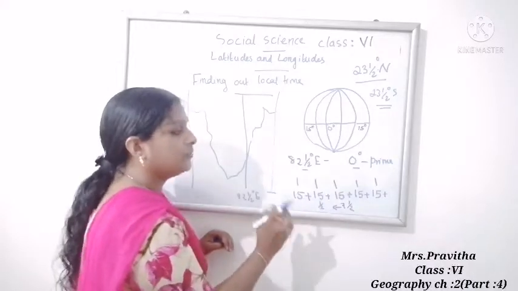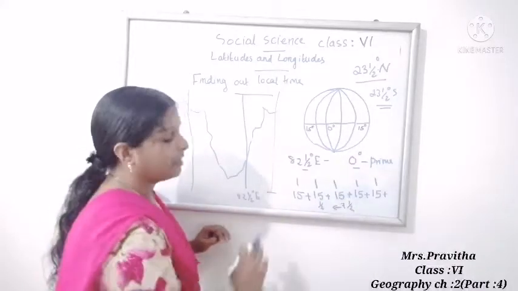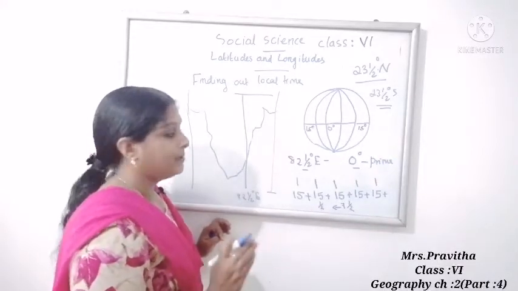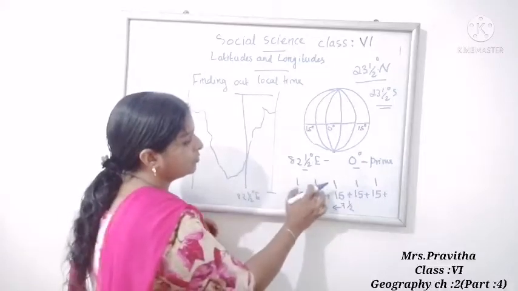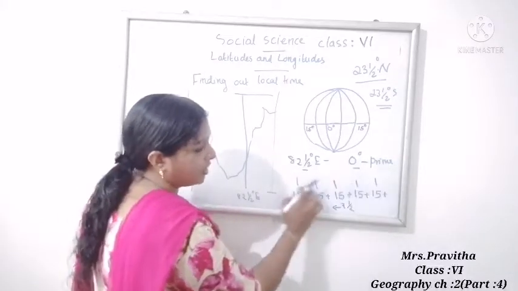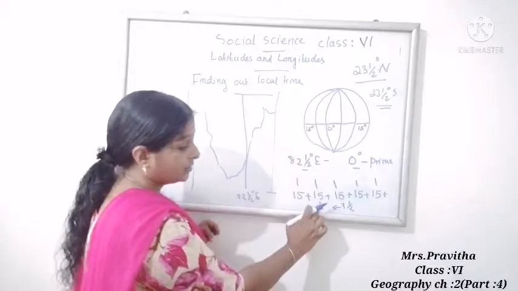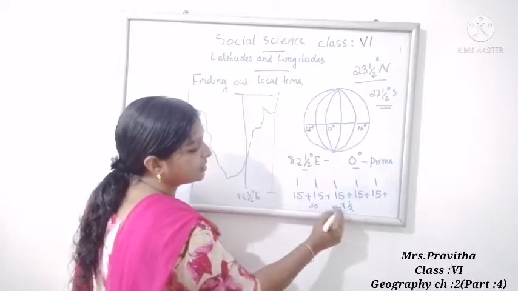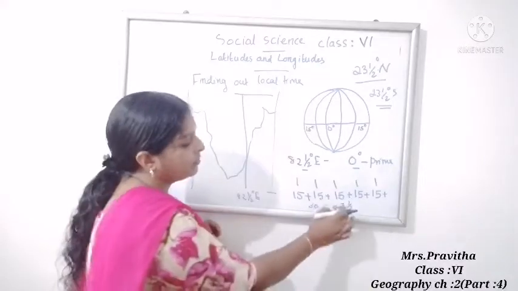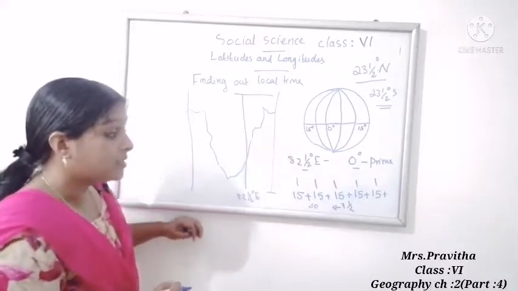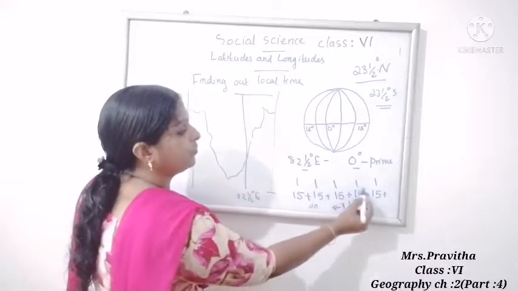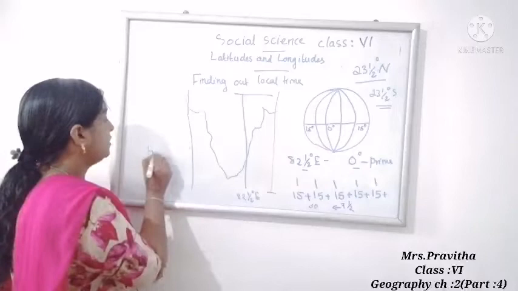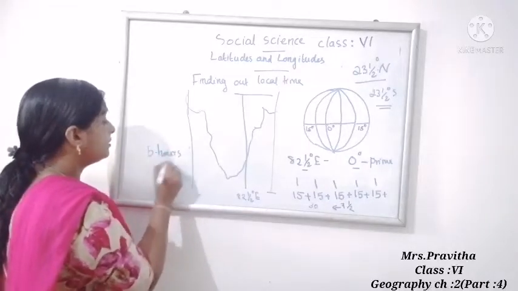So what is the difference? Just adding, we get the time difference between India and Greenwich time: 1, 2, 3, 4, 5 hours and 30 minutes, since 7.5 is half of 15, which is 30 minutes.